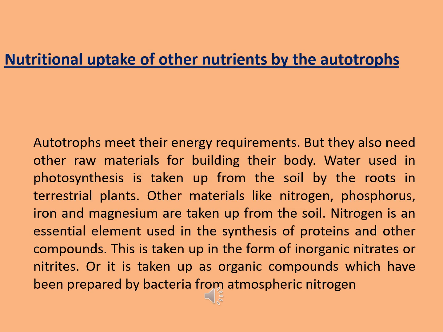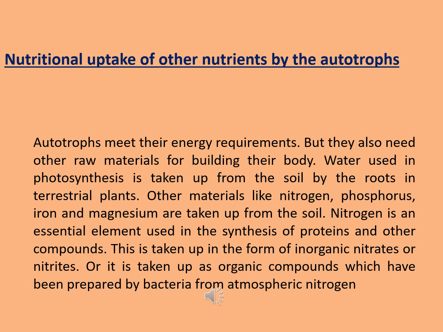In the next slide, autotrophs, apart from the photosynthesis process in which they make carbohydrate, have several other requirements of chemical metabolites like proteins, enzymes, other complex organic molecules, and fats. Therefore, the other chemical compounds are formed by utilizing the energy from photosynthesis, which was the output of the photosynthesis process.